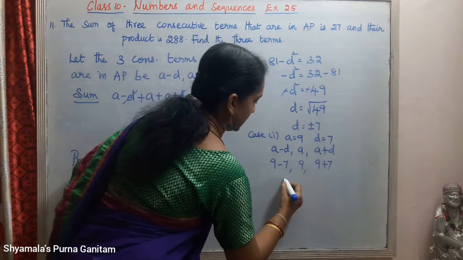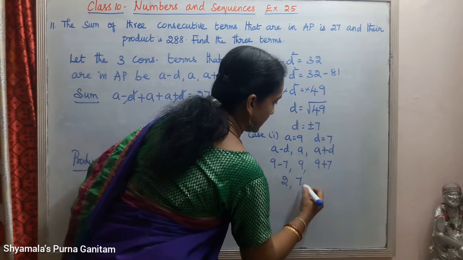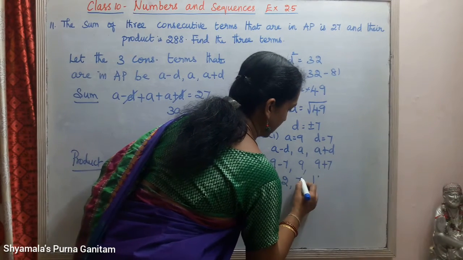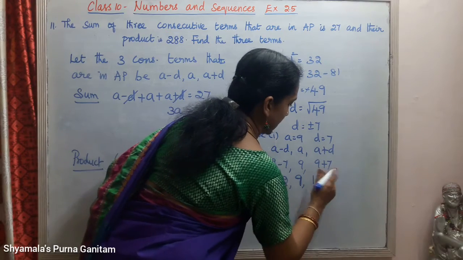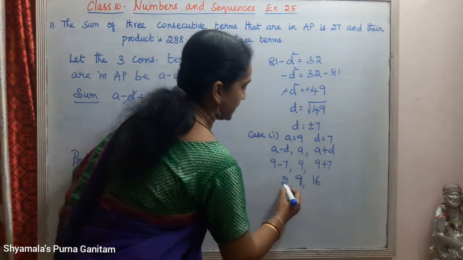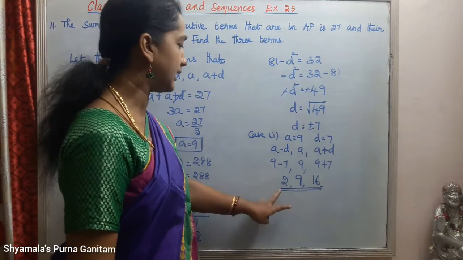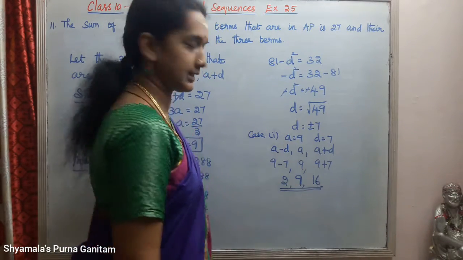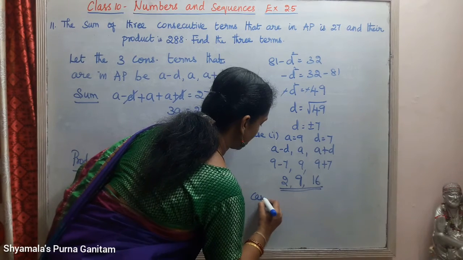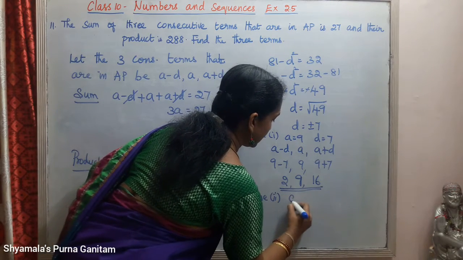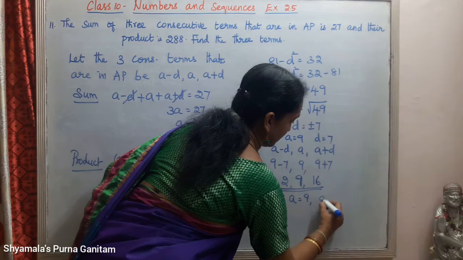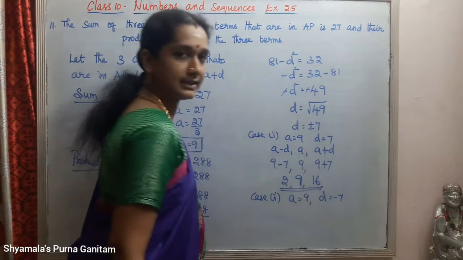So the answer is 2, 9 and 16. So this is for case 1, that is if the difference is plus 7, we will get 2, 9 and 16.